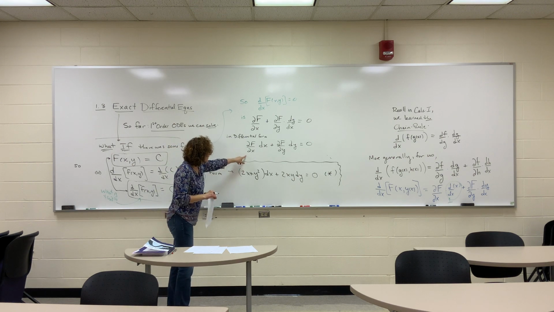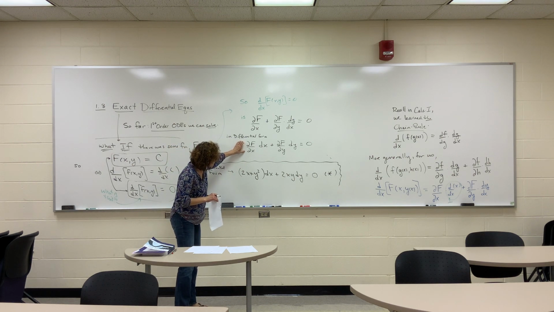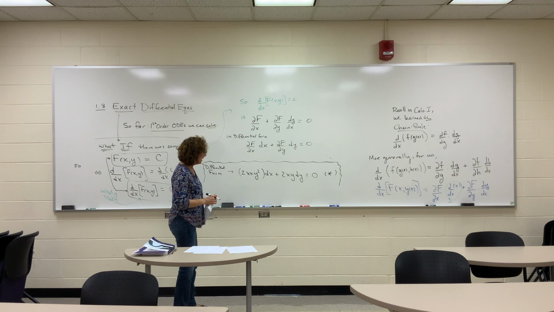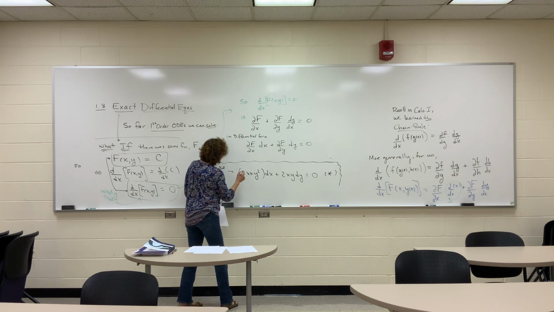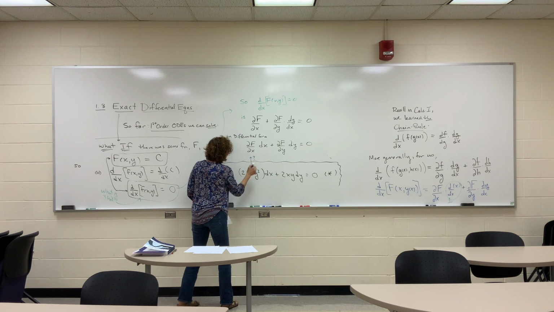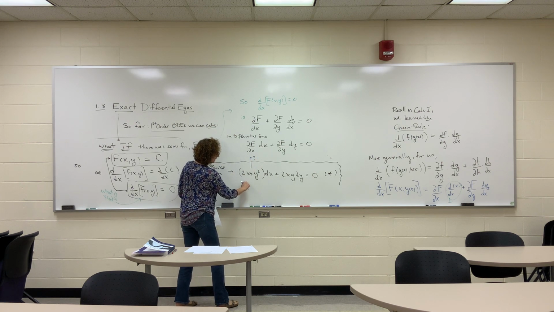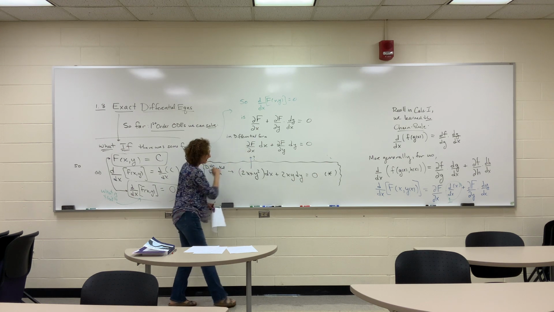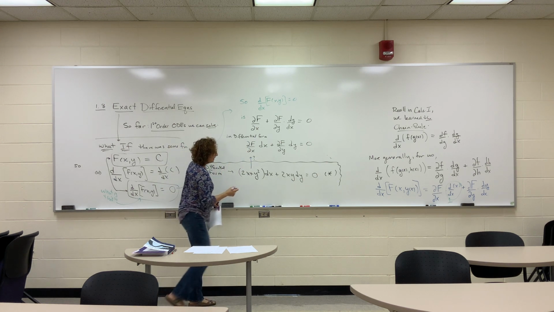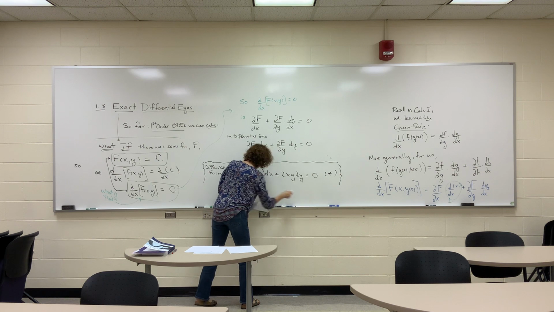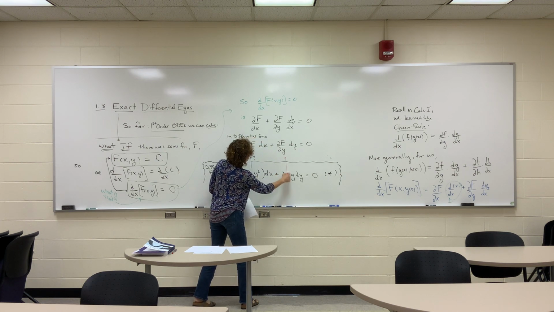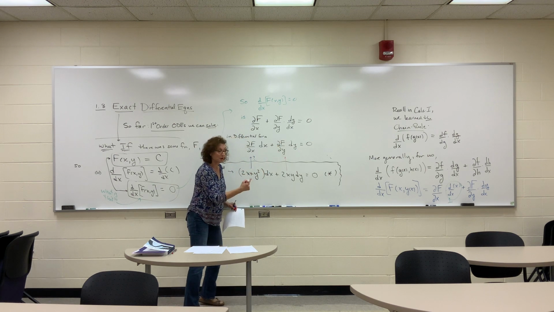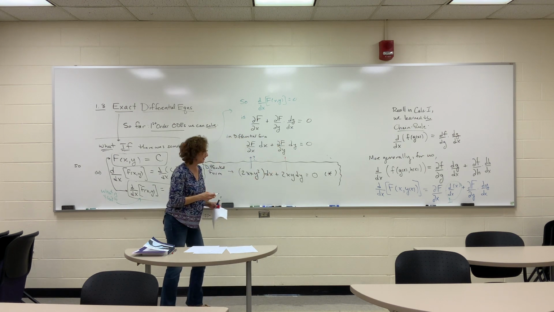As we look at this equation written this way and we compare it with this, the question becomes: is this expression the partial derivative of some unknown function with respect to x? And is this expression the partial derivative of that same unknown function with respect to y?